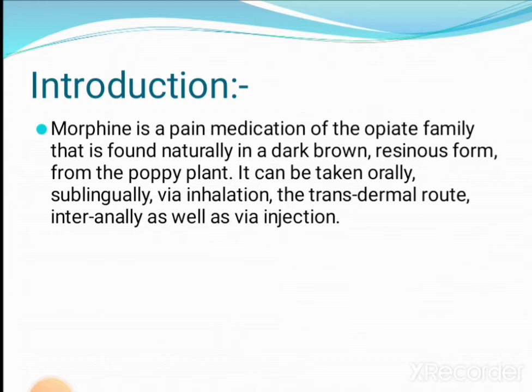Pain medications mean medicine for pain of the opioid family. Opioid family are a class of drugs used to reduce pain that is found naturally in dark brown resinous form. Resinous means full of or containing resin from the poppy plant. Poppy plant is a species of plant that gives opium and poppy seeds.